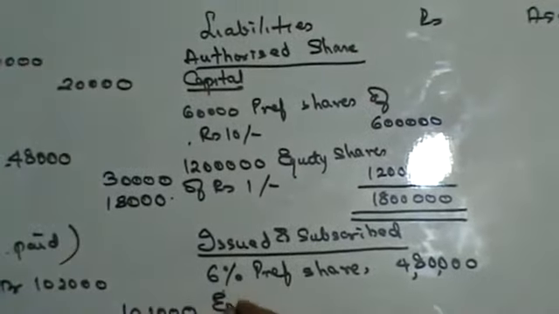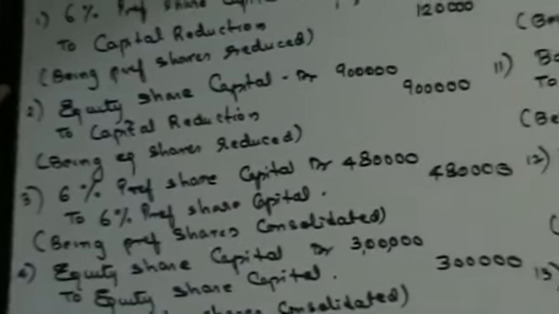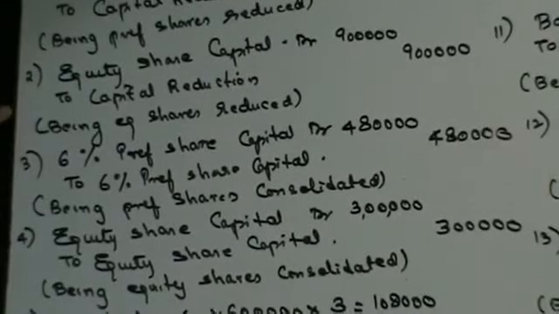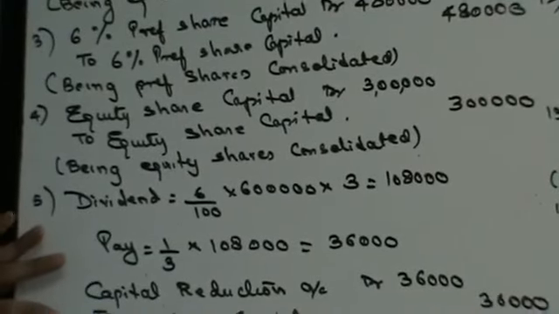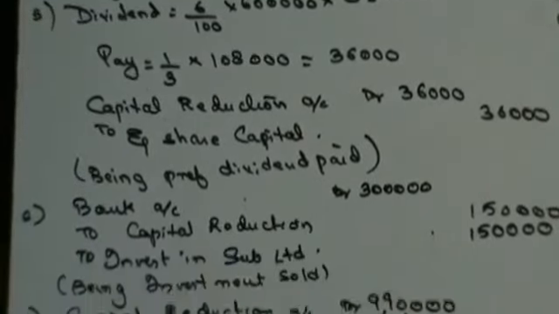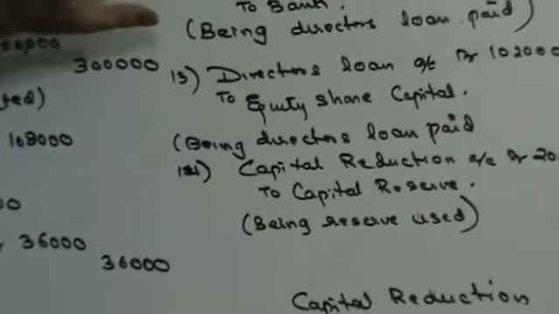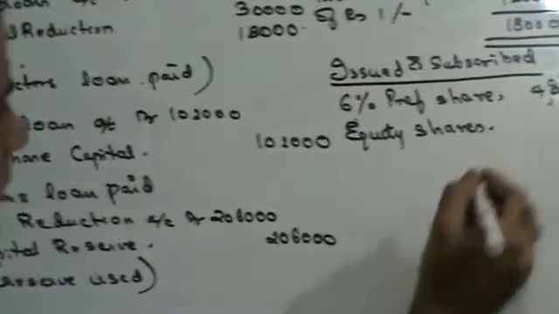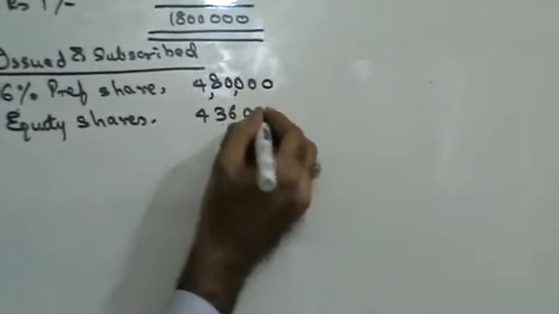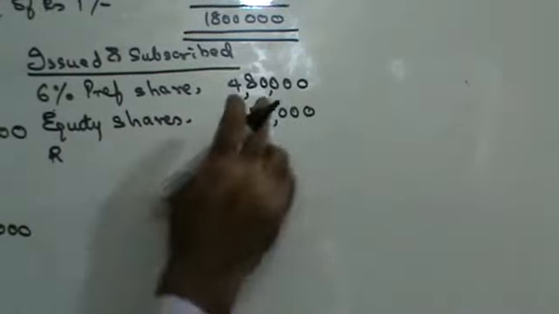Then you have equity shares. Equity shares as per the balance sheet is 12 lakhs, then minus 9 lakhs, then add 36,000, and then add 1,02,000. That is 4 lakh 38,000. Okay.